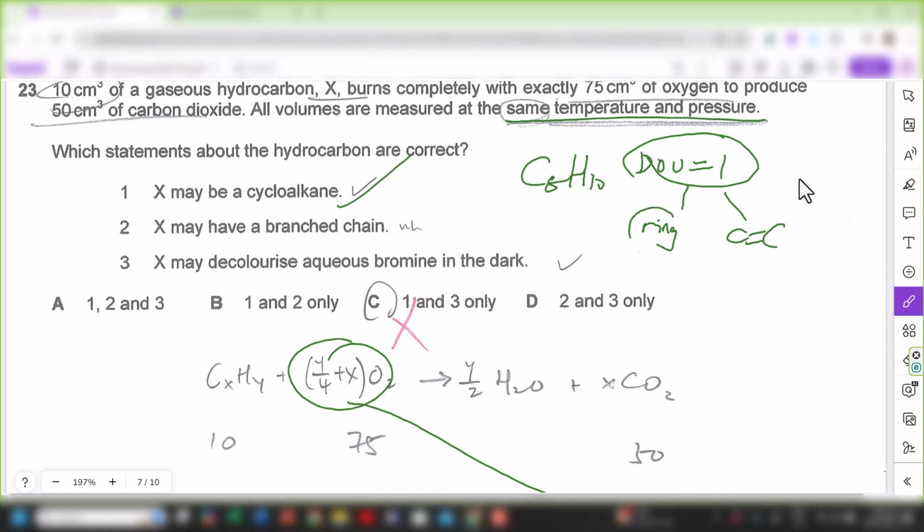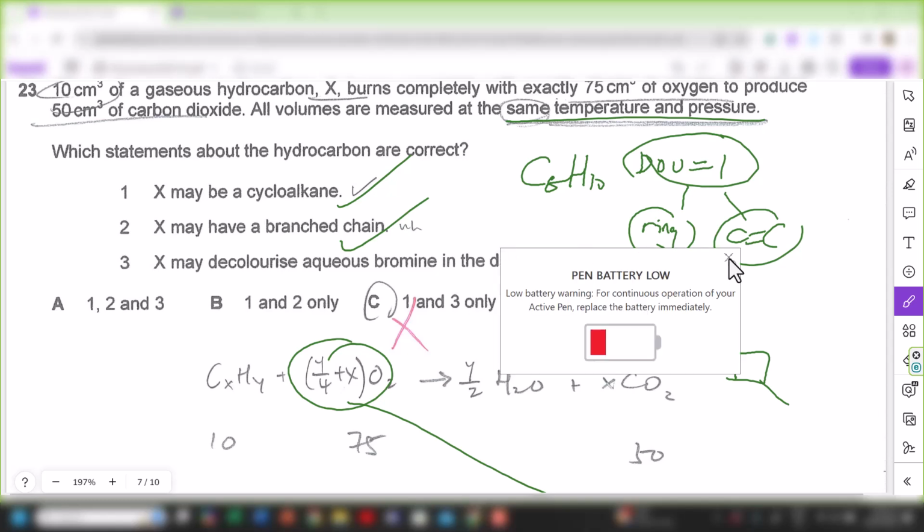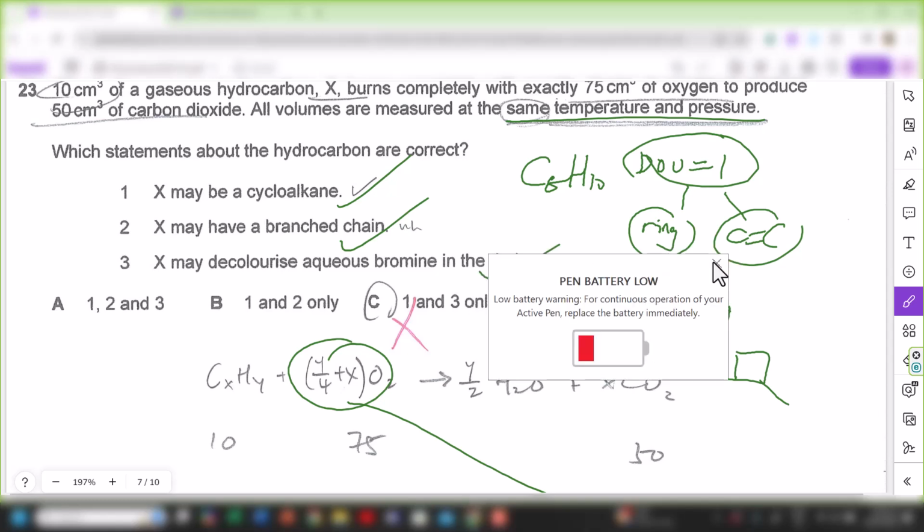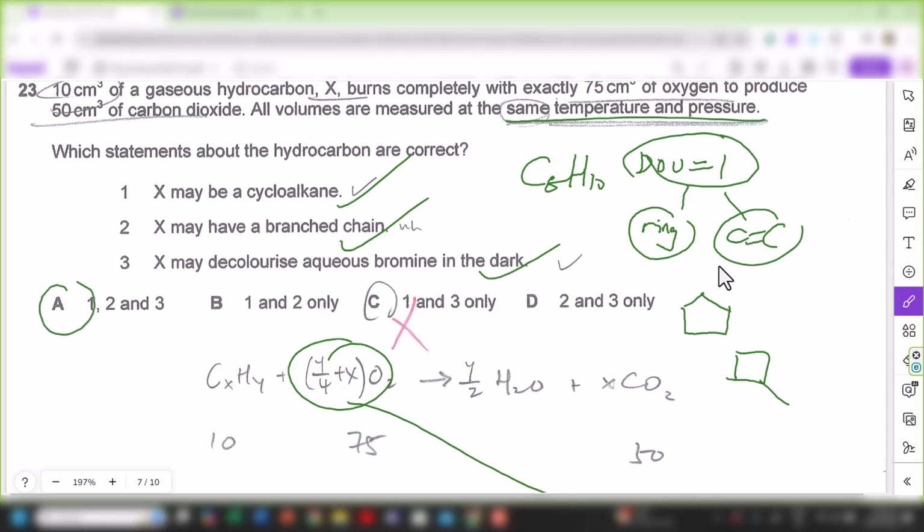If it exists as a ring or C=C double bond, does it mean that it can branch? Of course, the answer is yes. It may not be like this only, it can also be like this. So branching is okay. It may decolorize aqueous bromine in the dark. Is that possible? Yes, if it contains a double bond. So this is okay as well. With those choices, we are going to look at option A, so all 1, 2, 3 are correct.